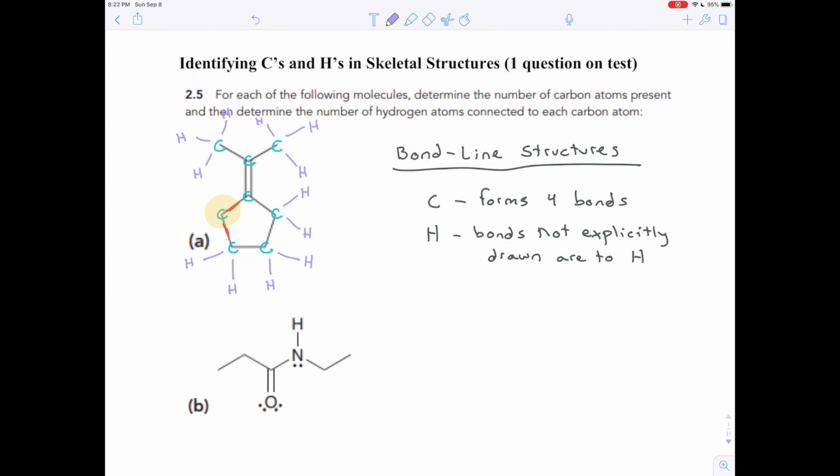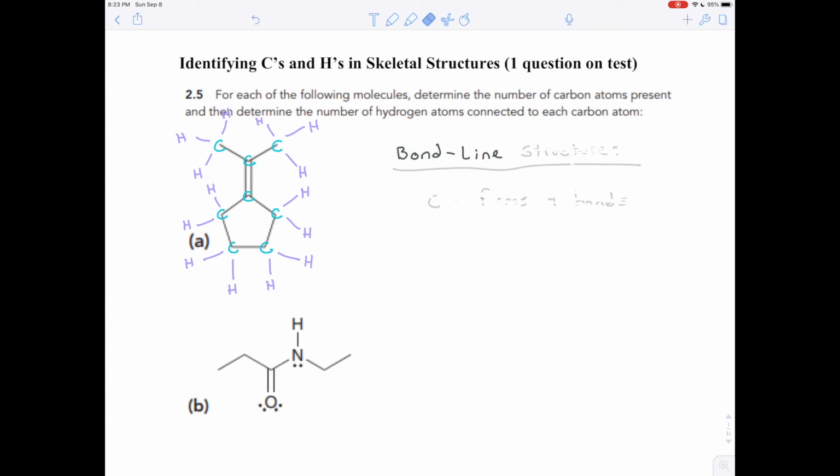To get a total of 4 bonds around that carbon, you need 2 more bonds, and those implied bonds go to hydrogen.